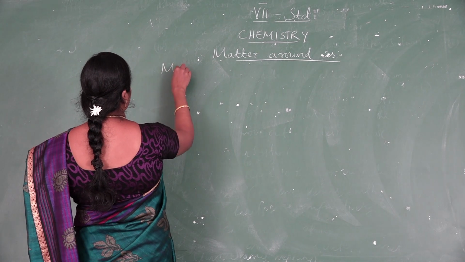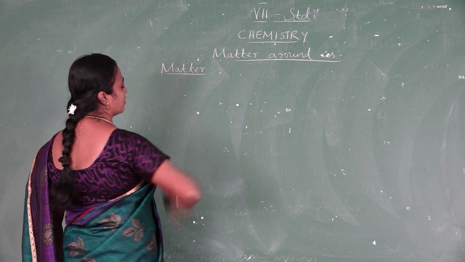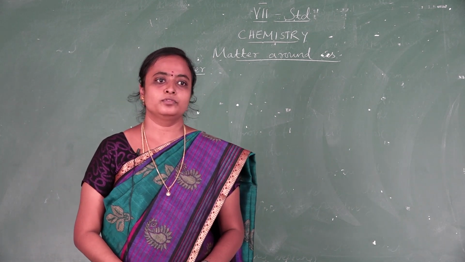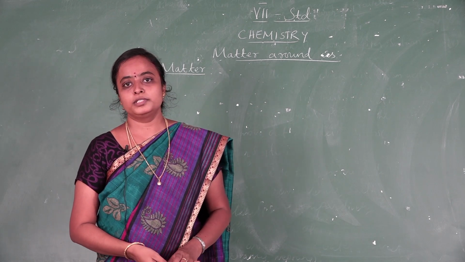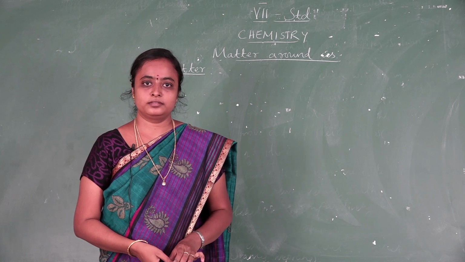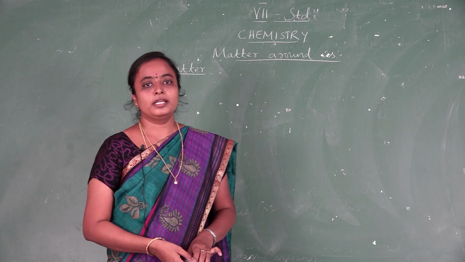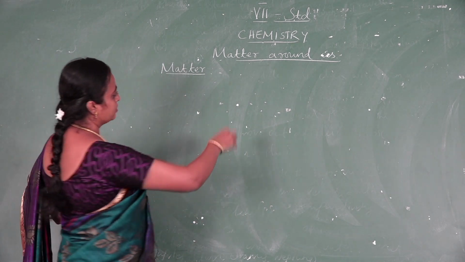So what is the definition of matter? If you take any object, of course it has a mass. Any object or material that has a mass and occupies space, we can name it a matter. So how can we define matter?